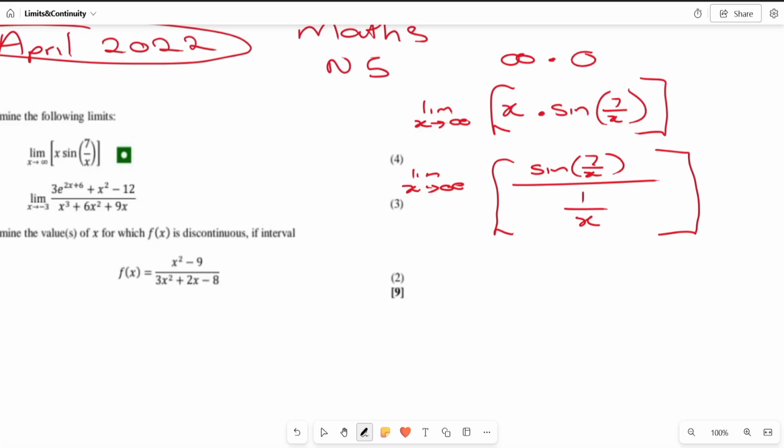So guys, this itself is 1 over infinity, which is equal to 0. Why did we do that? Because when you substitute x into this, the indeterminate form becomes 0 over 0: the numerator becomes 0 and the denominator becomes 0 because you're dividing by a very big number, so it is 0.